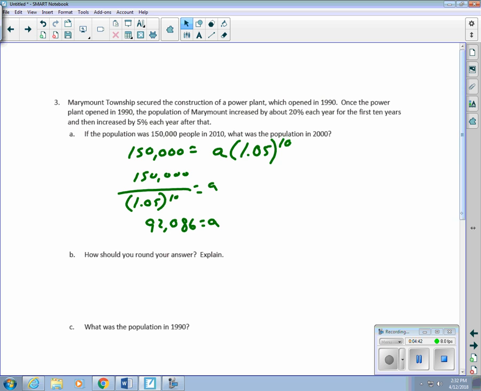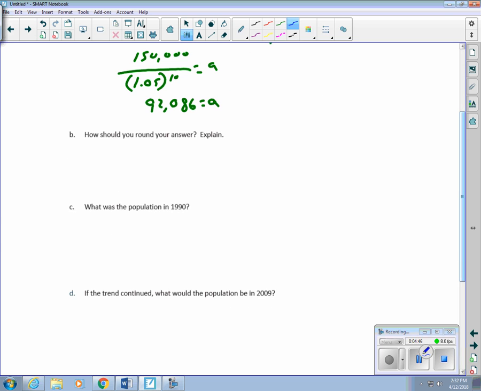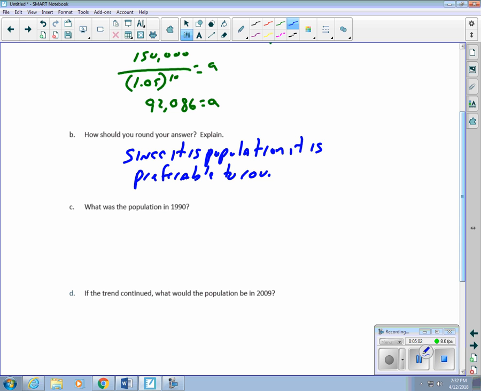So in this case, it says, how would you round your answer? The normal situation is, since it is population, it's preferable to round down. Okay.